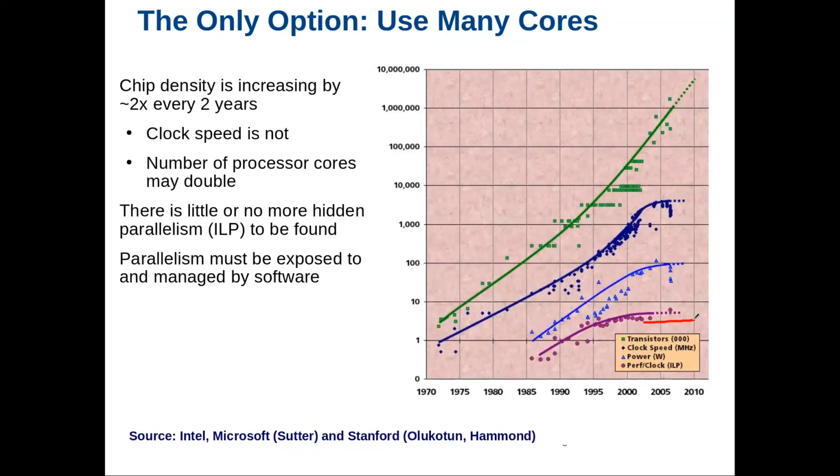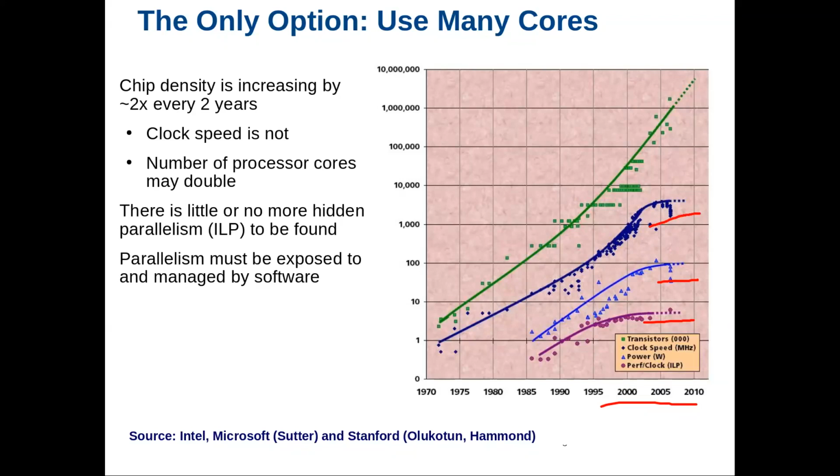That is the amount of parallelism that you can extract out of a sequential program. That was tapering. Then if you look at the amount of power, that was tapering as you go towards further years. If you look at the clock speed, we saw that it was also tapering. The only thing that was possible was that the technology was improving such that we were able to push more and more transistors into the same chip area.